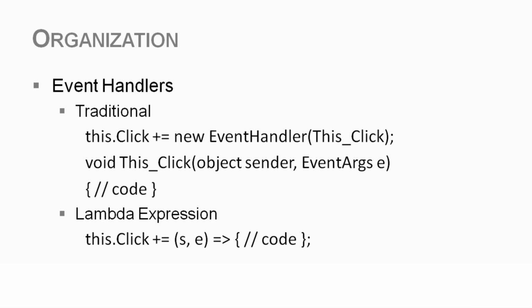With event handlers, there are two methodologies. One is the old traditional one that came out with the original C# and .NET code, where you would have a click event and you would create a new event handler and pass in the name of the method for the delegate. And then later on in the code, you would actually have that method body. You can now use a Lambda expression, and we'll talk about Lambda expressions later on in the course.